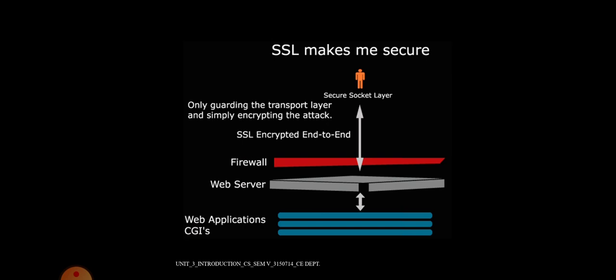Transport layer security and its deprecated predecessor, secure socket layer, are cryptographic protocols designed to provide communication security over a computer network. Several versions of the protocol find widespread use in applications such as web browsing, email, instant messaging, and voice over internet protocol.